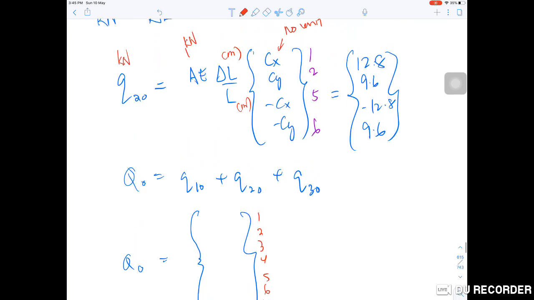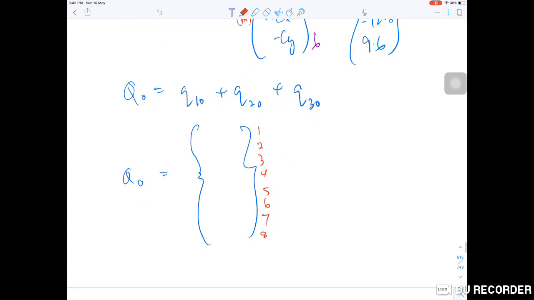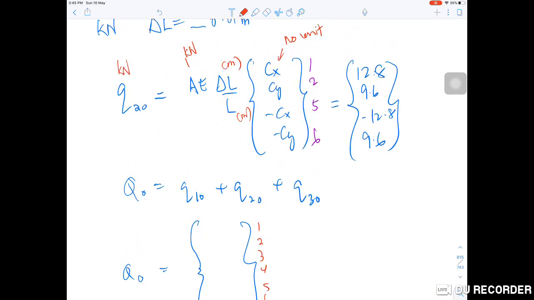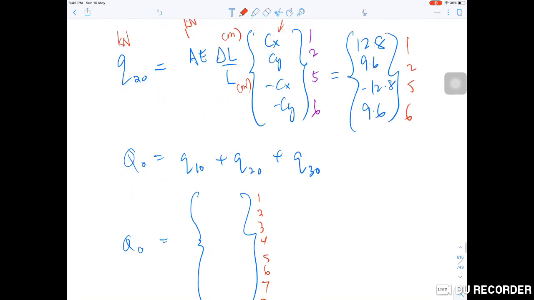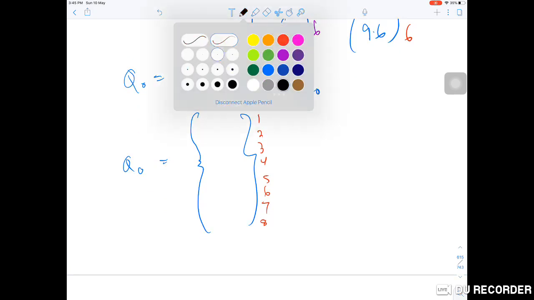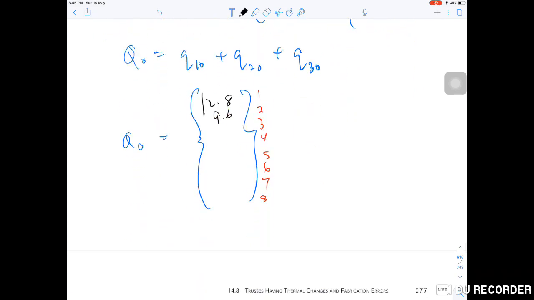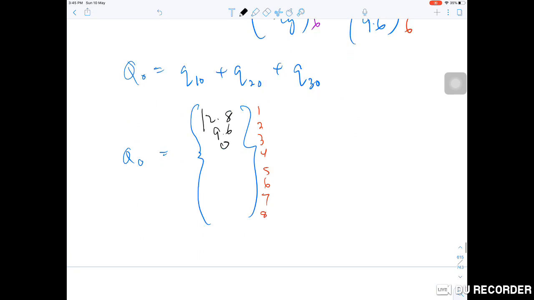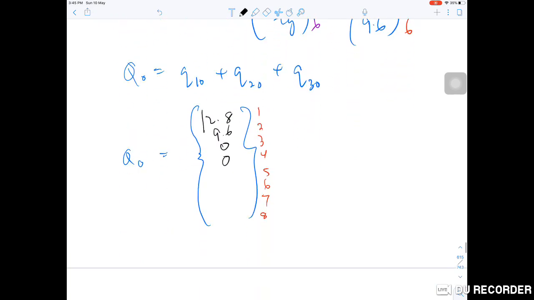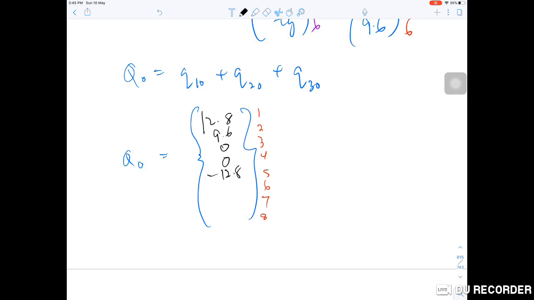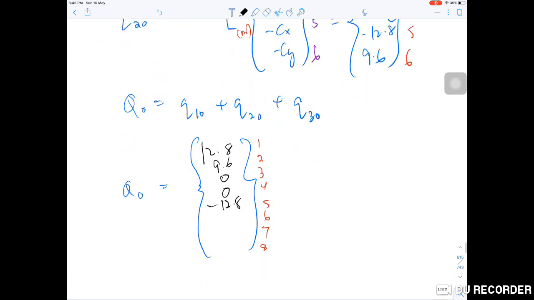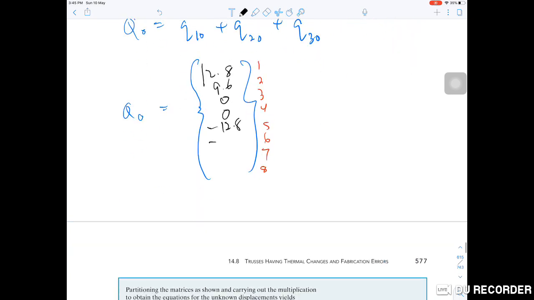Q1 naught and Q3 naught, since there is no effect, the value is 0. For positions 1, 2, 5, 6: 1 is 12.8, 2 is 9.6, 3 is 0, 4 is 0, 5 is negative 12.8, 6 is negative 9.6.